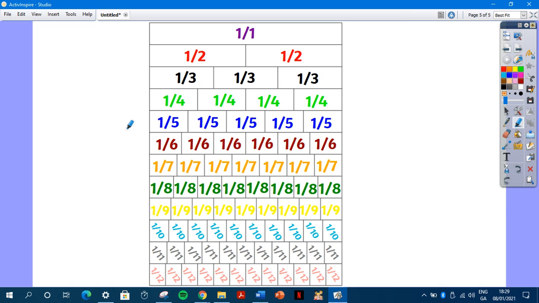If you want, you can also use blocks if you have blocks at home, or there are great online tools that I'll also put a link to that allow you to compare fractions. So you can take off pieces, add on pieces. It's great for comparing.